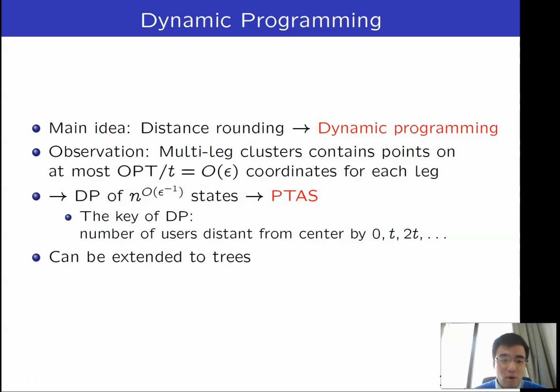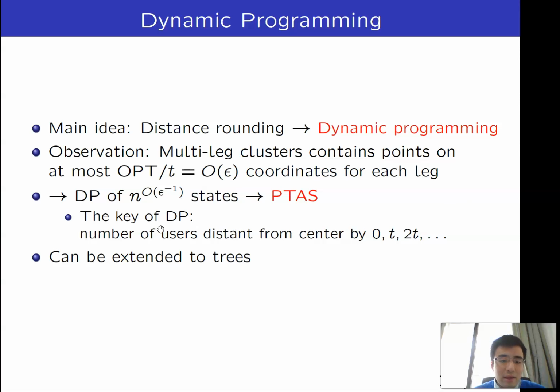optimally by dynamic programming. The important observation here is multiple clusters contains points at most of the epsilon candidate coordinates 0t, 2t, and so on for each leg.